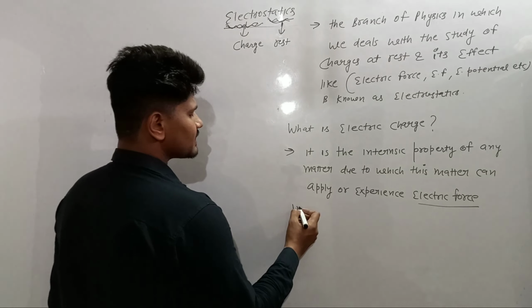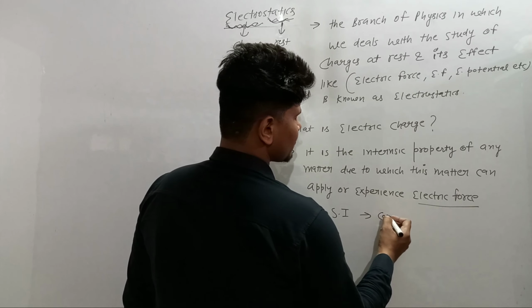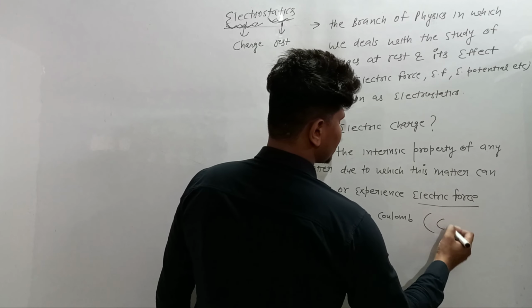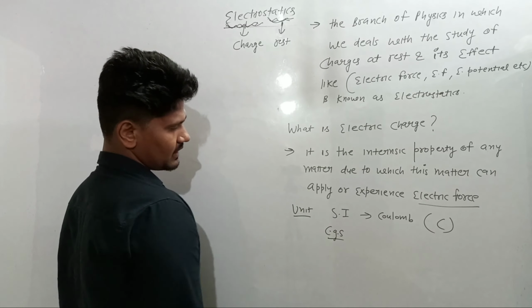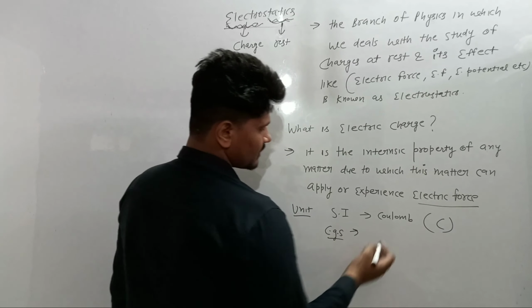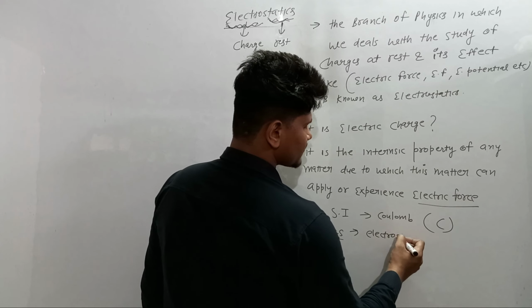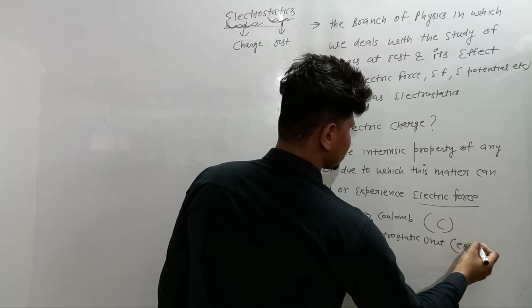What is the unit of electric charge? The SI unit of electric charge is the coulomb. It is the name of a scientist, so its symbol is capital C. The CGS unit of electric charge is the electrostatic unit of charge, also known as ESU.